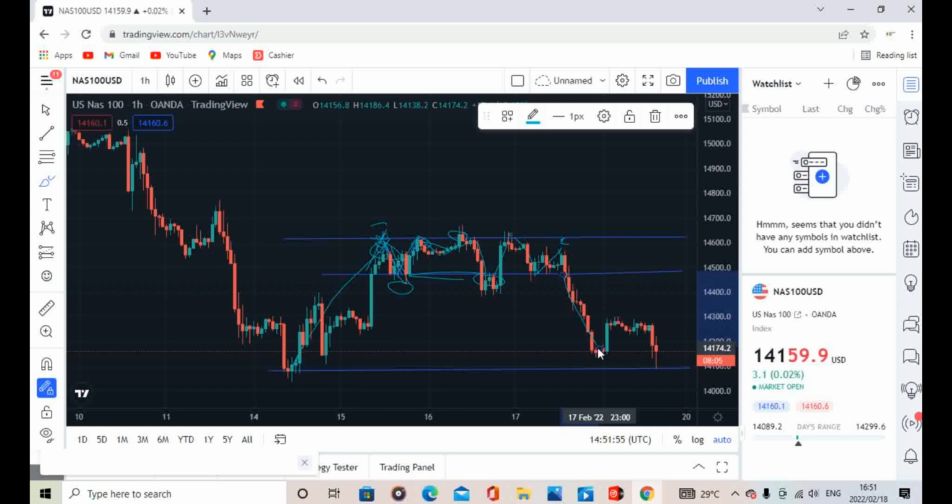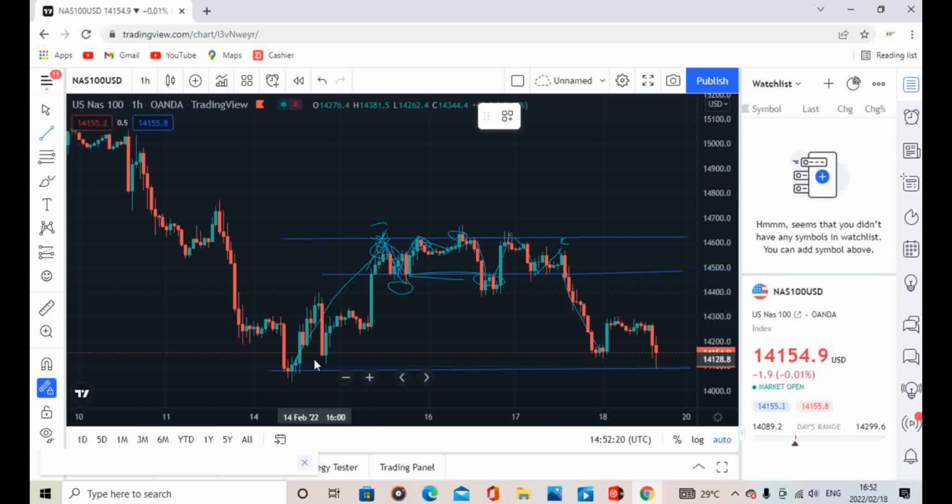Unfortunately it didn't reach this level of resistance down here. It reached this one, the previous level of support, because there are a lot of levels of support here. If you know your price action, you'll understand what I'm trying to say. If you don't, please comment down below so that I can help you with that. It went down into this level, because according to this move, this level here is also another level of support.